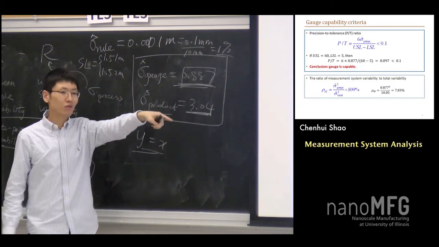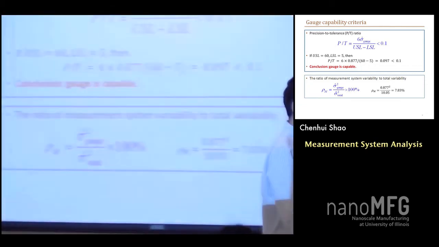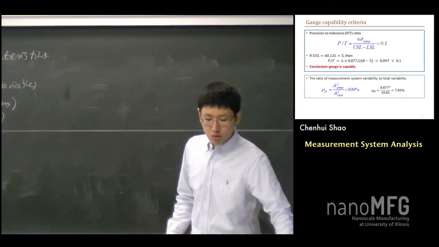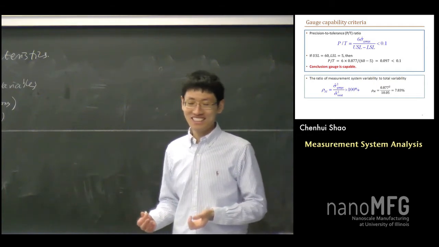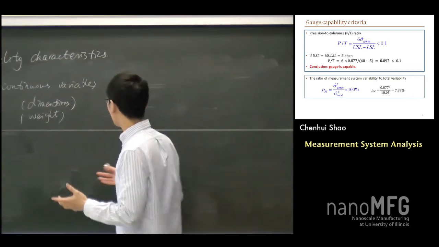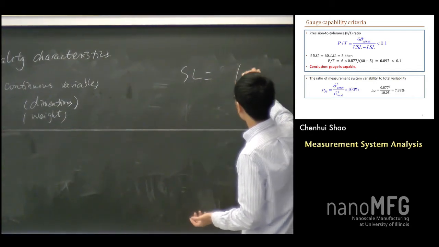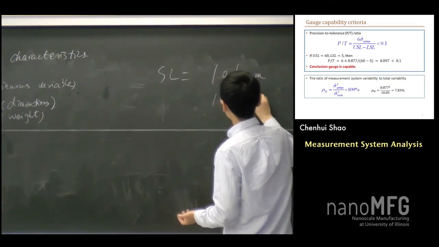Let's say that ruler is pretty good in this case. However, if you use this same ruler to measure a nano manufacturing product, we need nanometer precision. And my spec limits are now, I don't know, maybe 101 nanometer and 102 nanometer.